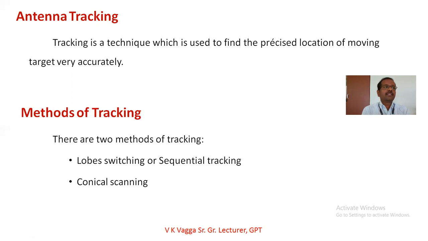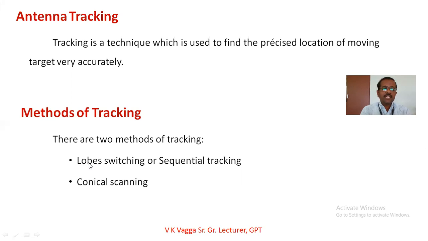After scanning the target, it is going to identify its position and its exact distance from the target, and whether it is coming towards the antenna, or is stationary, or is moving away from the antenna. This is identified by tracking. Understood?